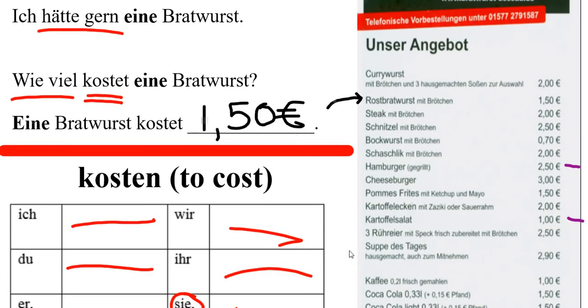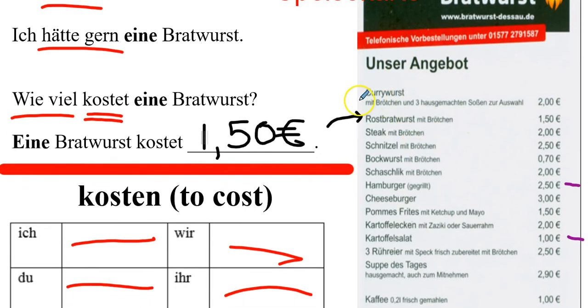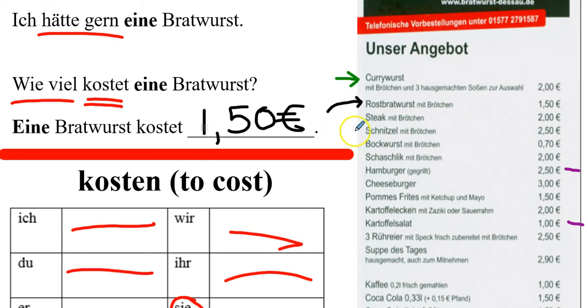Just going to highlight a few things here on this web Speisekarte here. So Currywurst is popular and well known, and this comes with a roll and 3 different house-made sauces by selection. Schnitzel, you can have a schnitzel sandwich that comes with a roll.